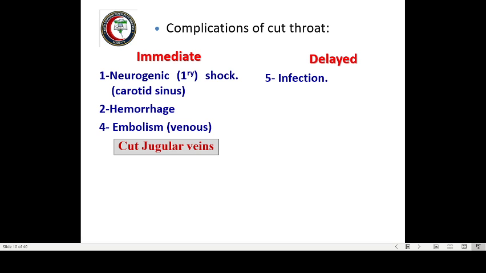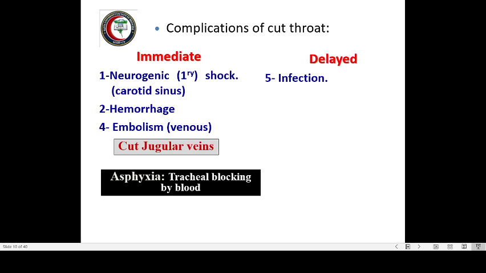Embolism in the neck occurs as venous air embolism, and the mechanism of this venous air embolism was discussed in the chapter of complications of injuries. It occurs due to cut jugular veins and the action of the platysma muscle fibers on the walls of the vein. Delayed complications include infection of the wound.